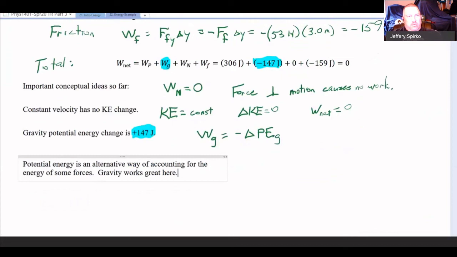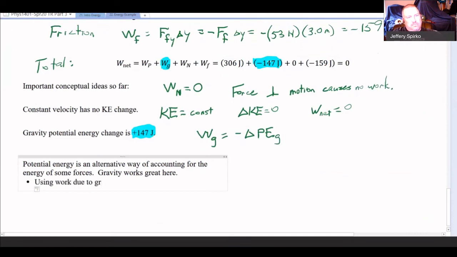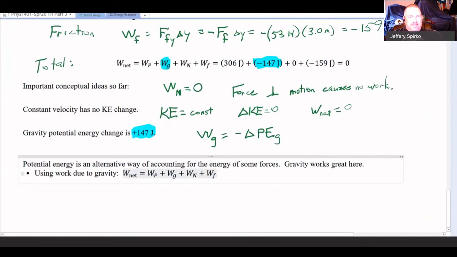So we have our version 1 of this, this equation, where we calculate gravity's energy as work.